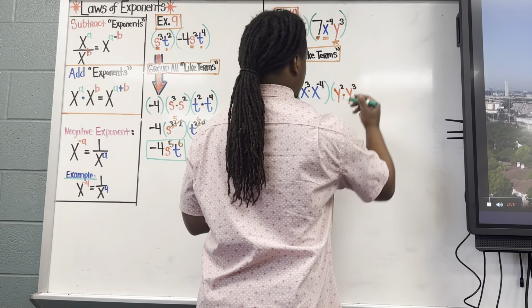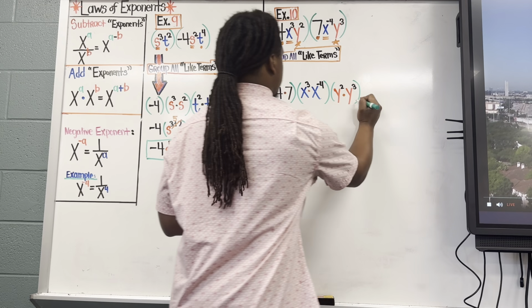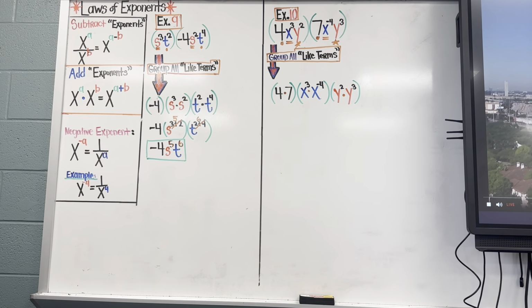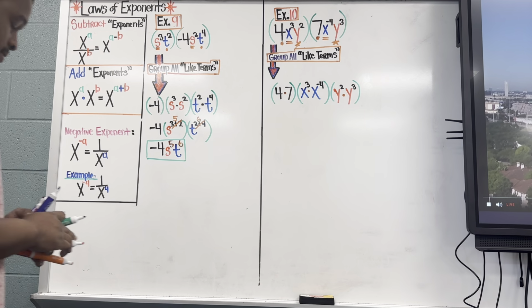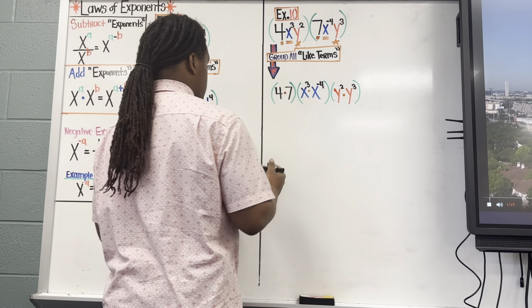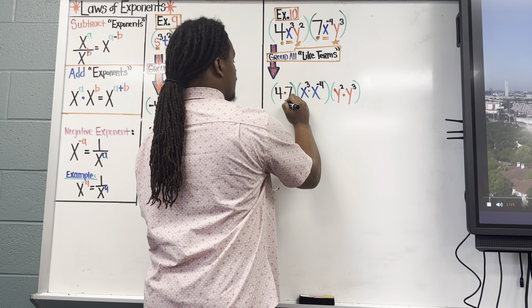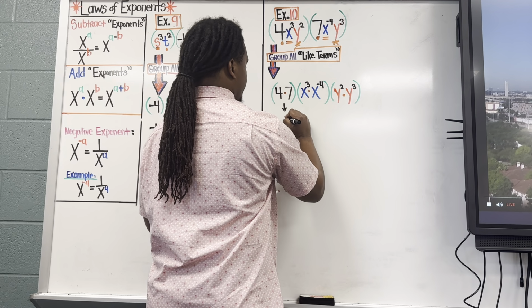Okay, so far, guys, this is how everything should look. Now, guys, we can start simplifying. So we can go ahead and actually solve the coefficients. 4 times 7 is 28.